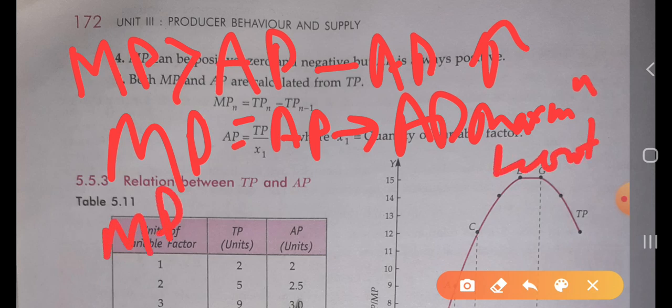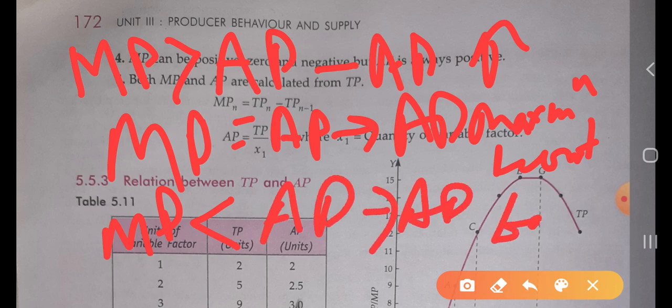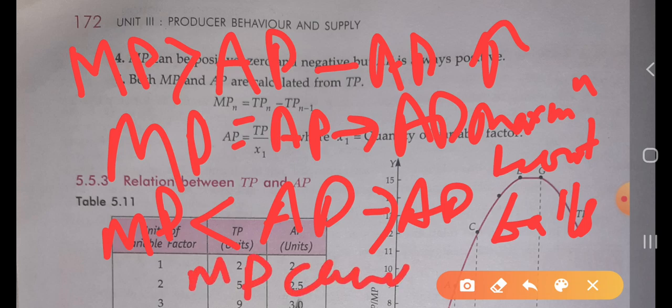When MP is less than AP, AP falls. Fourth, MP can be 0, positive, negative, but AP will always be positive.